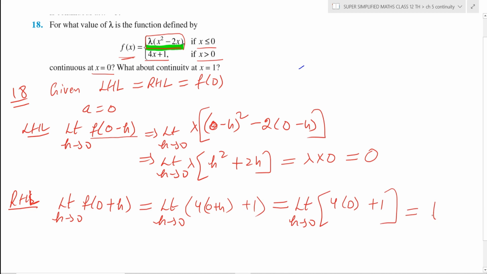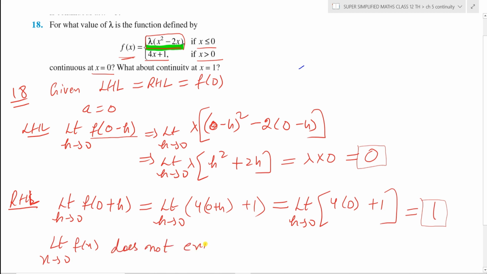which comes out to be 1. So we observe that the left hand limit at the point 0 was 0 and the right hand limit at the point 0 was 1. That means that the limit at the point 0 does not exist. That means limit x tends to 0 of f(x) does not exist.